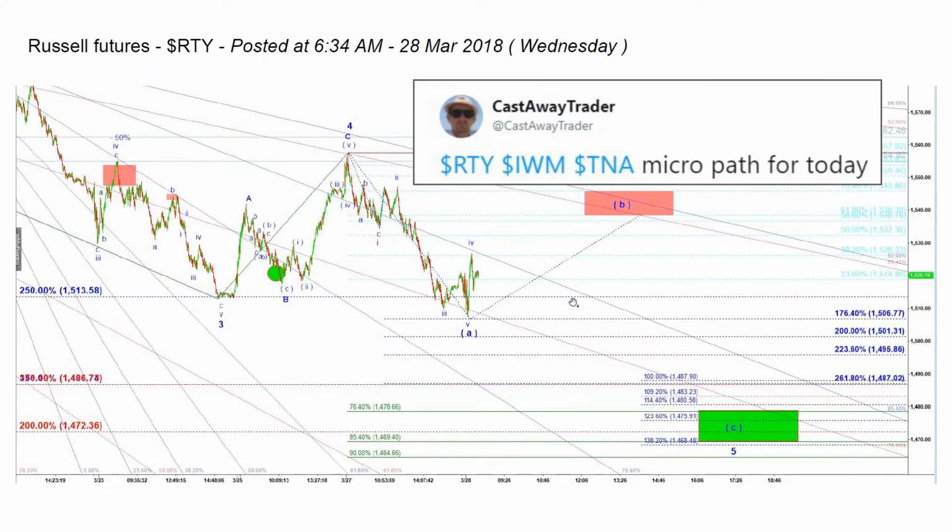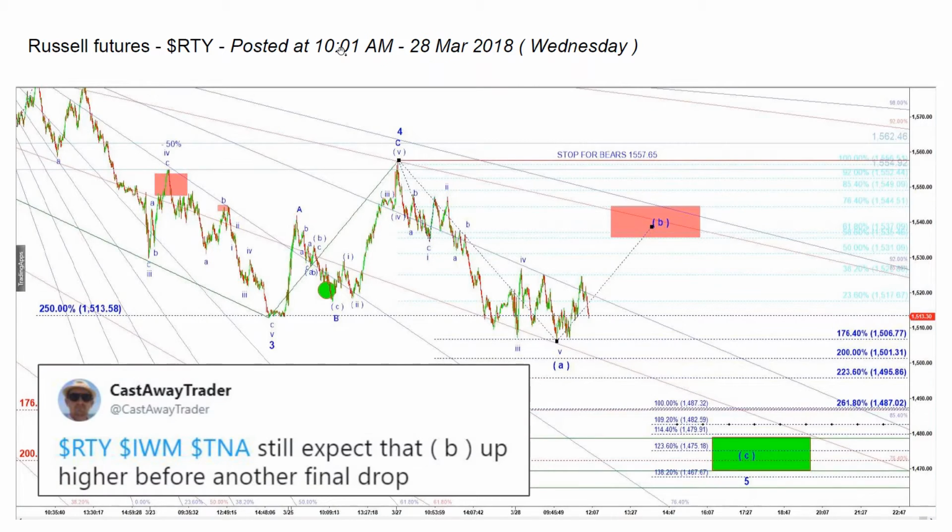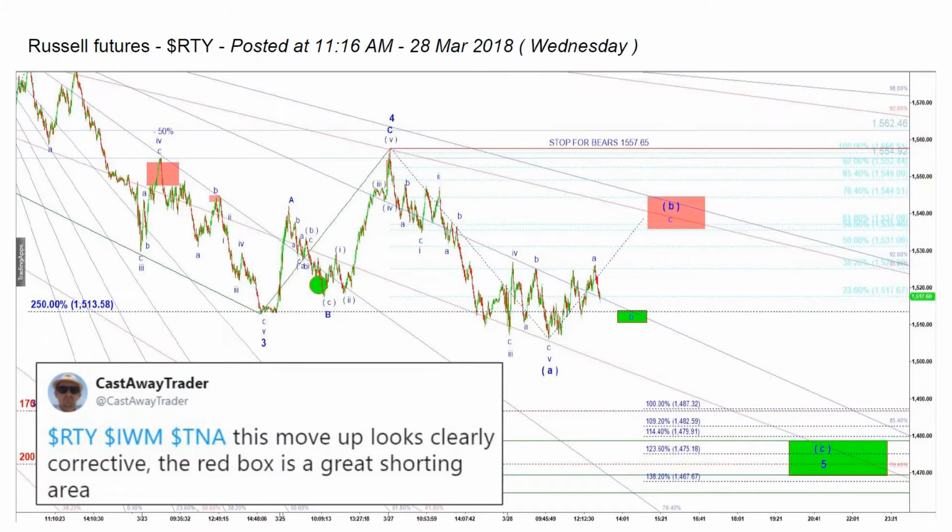A little bit later, that count was posted at 9:30, and at 1 p.m. we got the first move up. As I mentioned, waves B are ugly, especially the first segment, the wave A of B. Look at that, it's really difficult to get 5 waves up here, even though it is supposed to be 5 waves up, but because it's wave B, we can't be that strict.